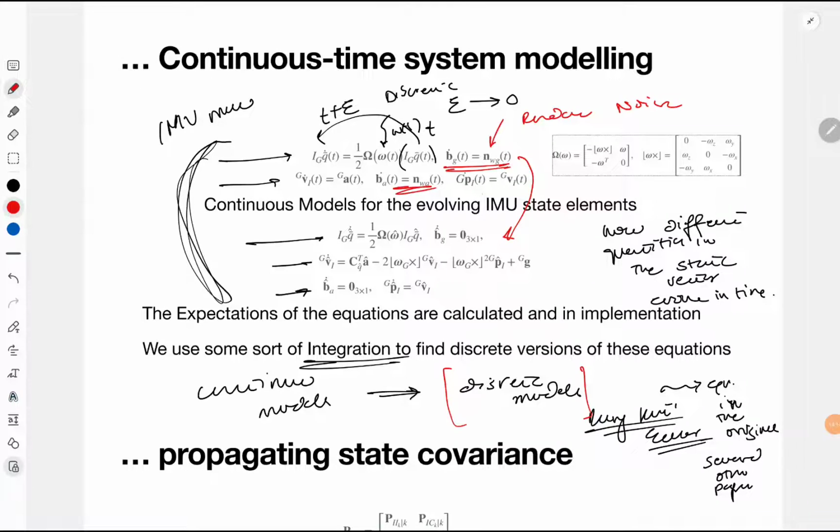Similar with this thing, when you figure out the expectation of this thing, it also becomes 0 because you're propagating the expectation. So once you do get the expectations, you would use some sort of integration to figure out the discrete versions of those equations, because you cannot use continuous models.